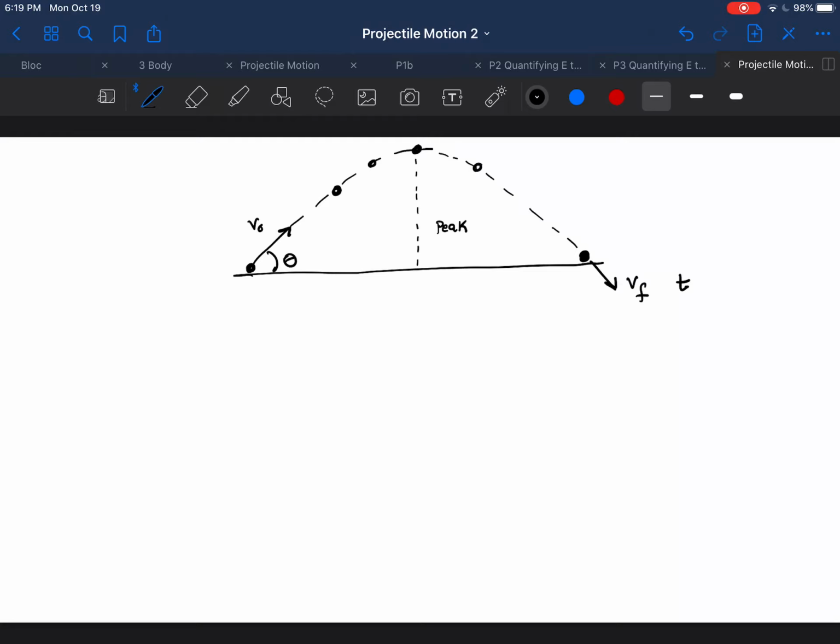Well, a very important thing here is what's happening to its y velocity at the peak. So to illustrate that, I'm going to draw a couple different points on here. Well, we know that the only force accelerating it is the force of gravity acting downward. So as it's going up, its velocity is upward in the y direction, and its acceleration is downward. So that means it's decelerating, right?